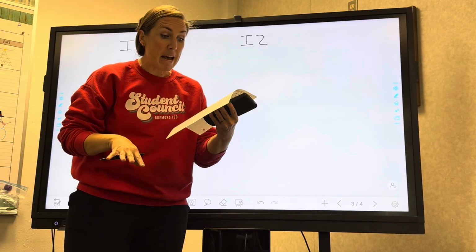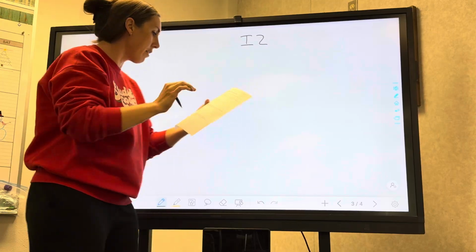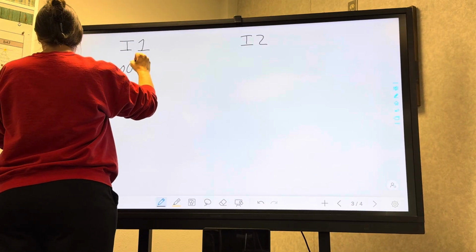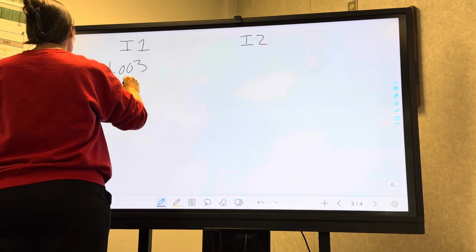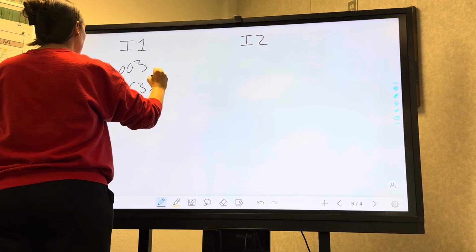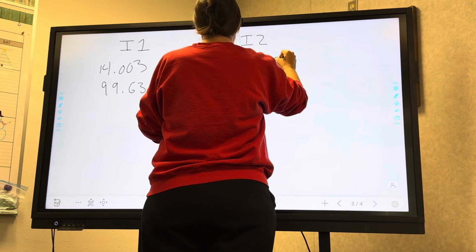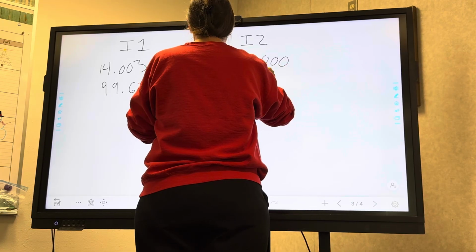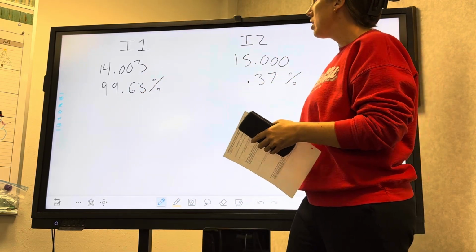Calculate the atomic mass of nitrogen if the 2 common isotopes of nitrogen have masses of 14.003 AMU, 99.63% abundance, 15.000 AMU, 0.37% abundance. Okay? This is going to be tricky.